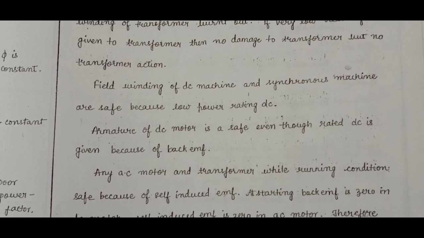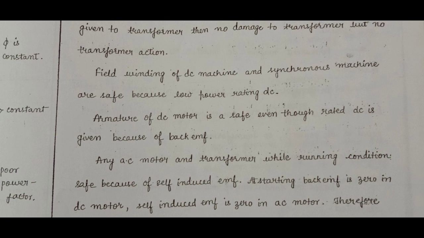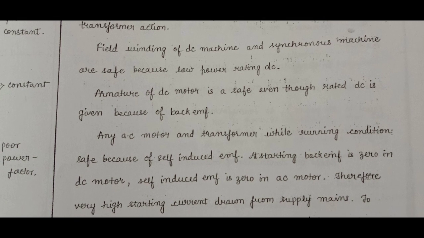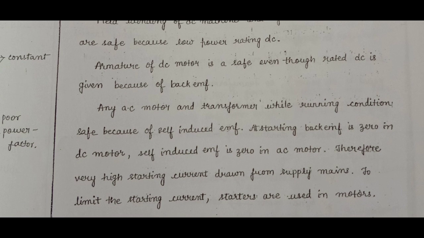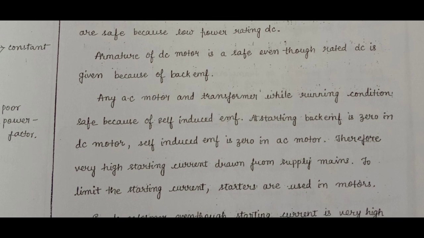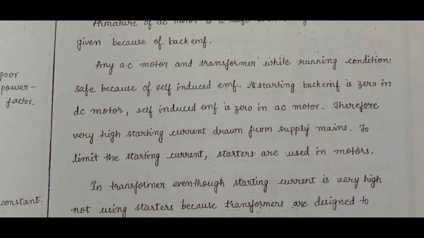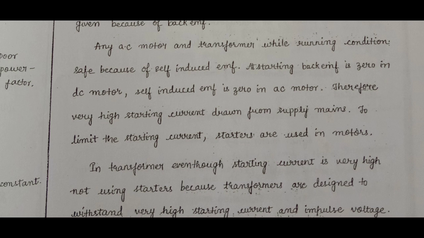Field winding of DC machine and synchronous machines are safe because of low power rating. Armature of DC motor is safe even though rated DC is given because of back EMF. Any AC motor and transformer in running condition are safe because of self-induced EMF.